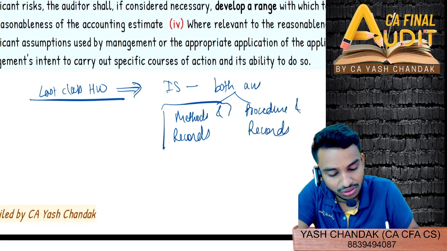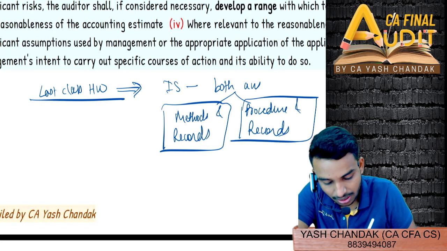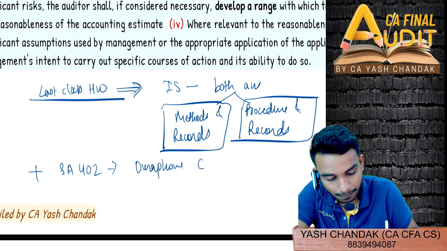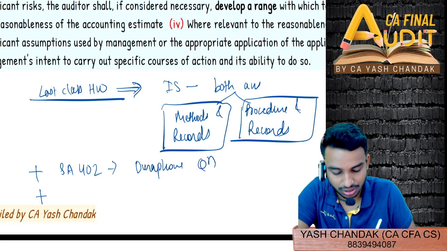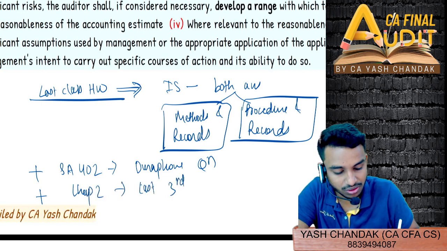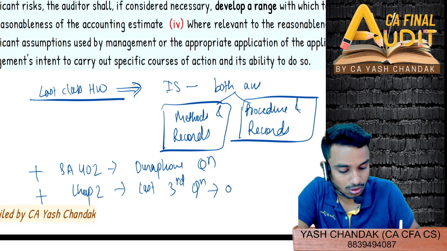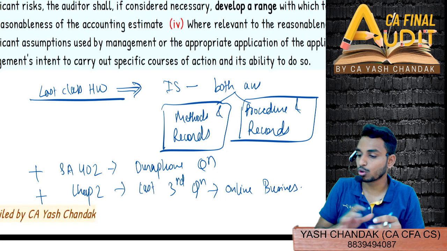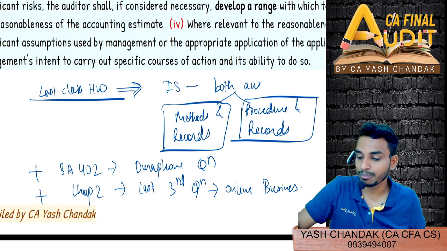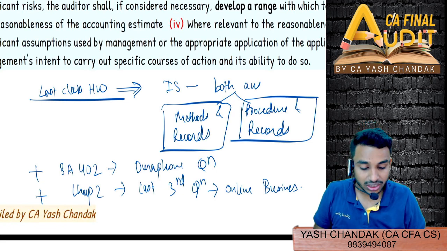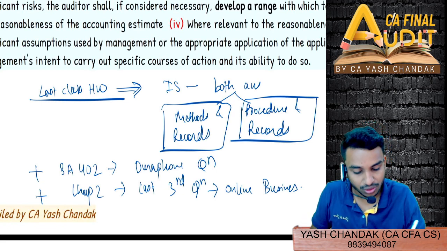Go through both these questions right now, plus Essay 402 Duraphone question, plus Chapter 2 last third question, the online business one. Go through the answers of all these 4 questions right now and mark the same points which you might be seeing in 3 of the questions, just that the answers for these 2 questions will be different.